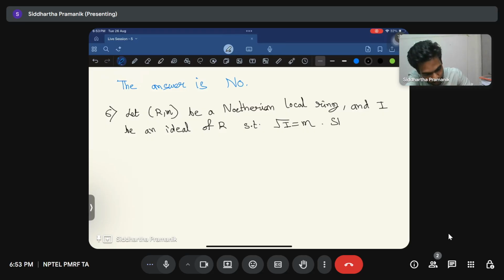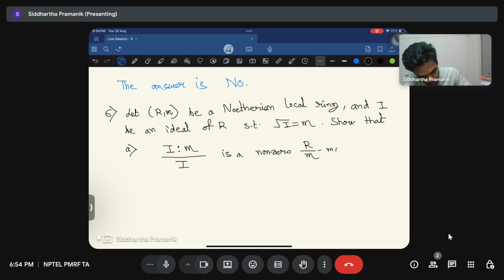Now show the following things. So the first one is, if we take the colon ideal I colon m, and if we take the quotient of it by I, then this quotient is a non-zero R mod m vector space, because R mod m is a field.